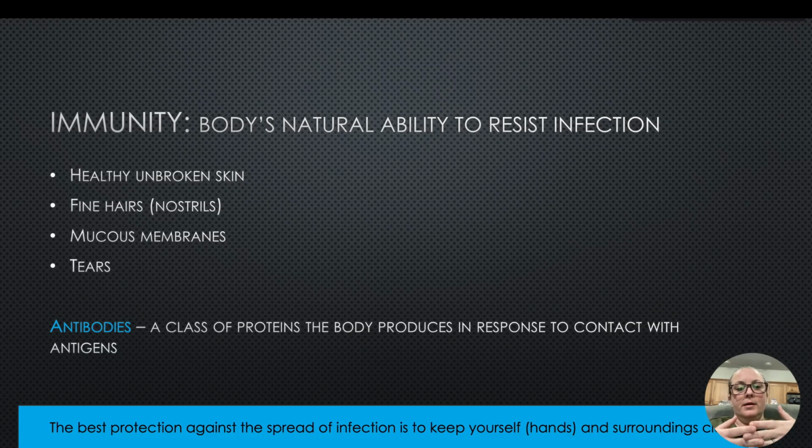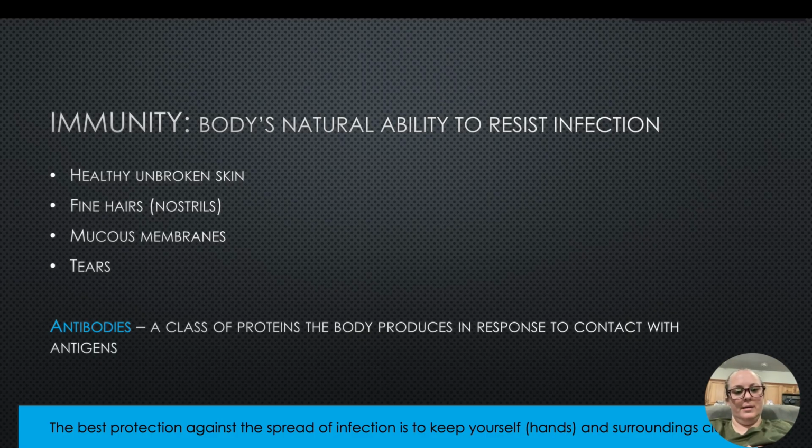You have obviously eyelashes to keep things out of your eyes and eyebrows, and the hair all over your body is meant to resist infection or keep you warm. So next we have mucous membranes. Our mucous membranes are meant to also kill off things. And last is tears. Tears will kind of flood the eyes to get any debris or anything nasty out of the eyes.